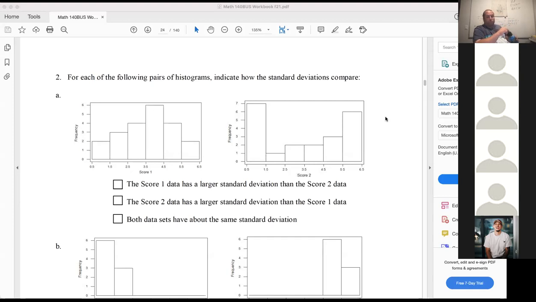Not saying you're wrong, just why? Because it looks like more people scored higher on the second one. Yeah, they did, but why does that mean the standard deviation should be higher?